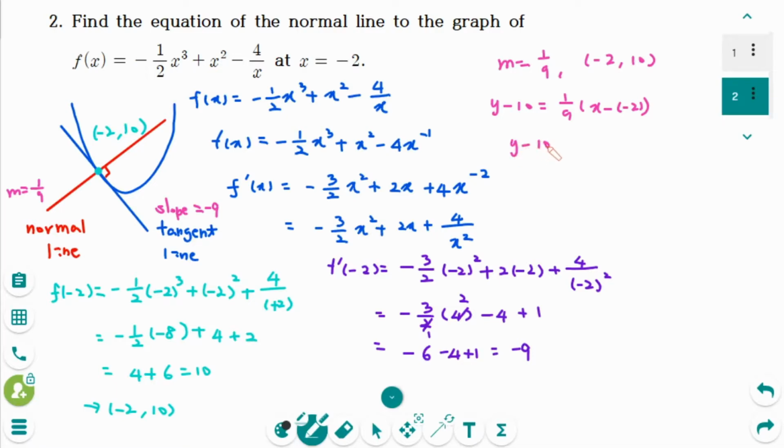So y minus 10 equals 1 over 9 times x plus 2. Expand: y minus 10 equals 1 over 9 x plus 2 over 9. The final answer is y equals 1 over 9 x plus 2 over 9 plus 10, which is 92 over 9.